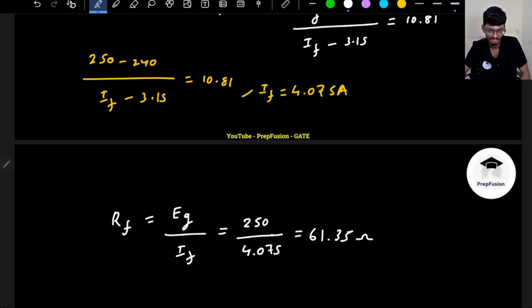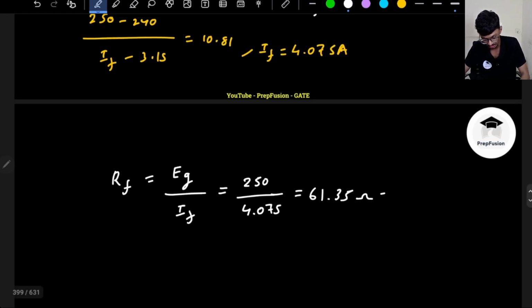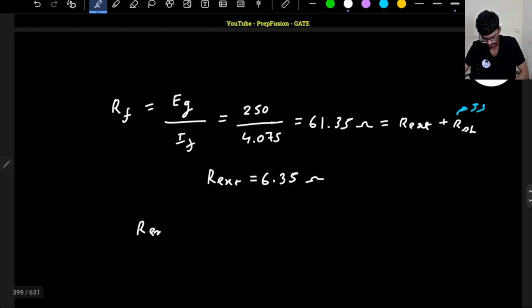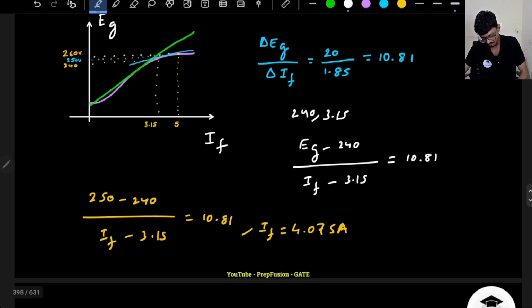But actually, the field resistance should be equal to the external resistance plus Rsh, the shunt resistance. So I can find the external resistance as 61 minus 55, since 55 was the shunt resistance. So it will be 6.35 ohms.